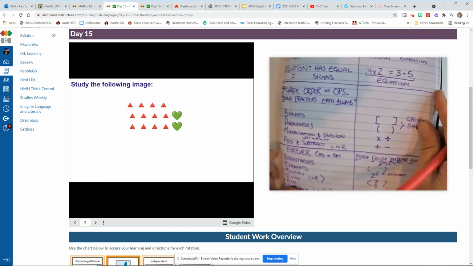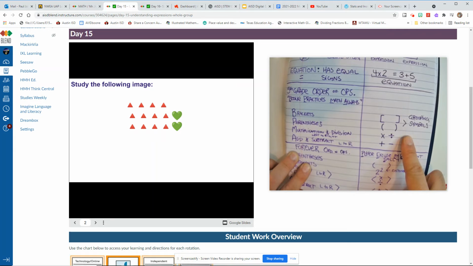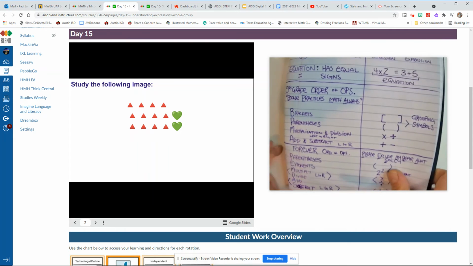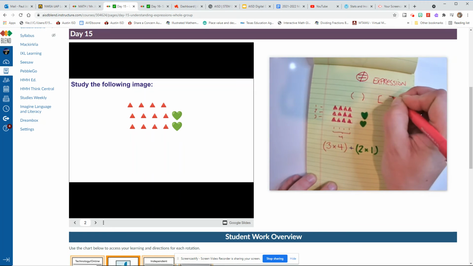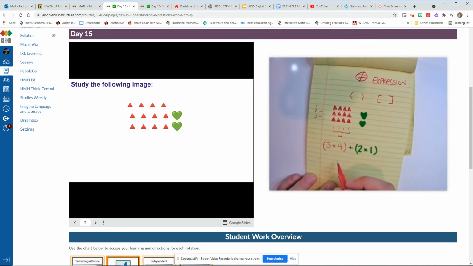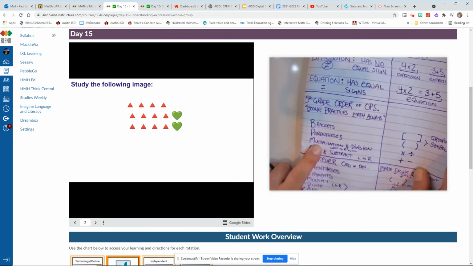And what that means is whatever is in grouping symbols is what you look at first when you're solving expressions and equations. We might not be looking at brackets, which are kind of like the robot style, but we are looking at parentheses.